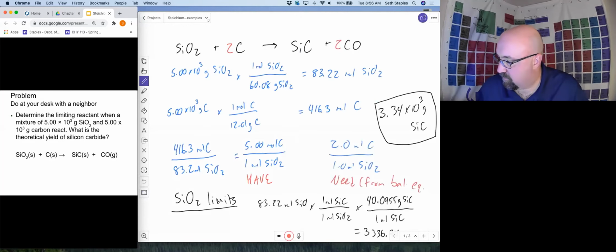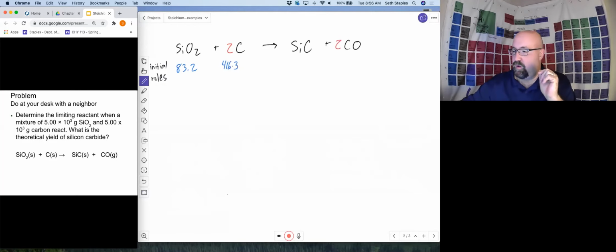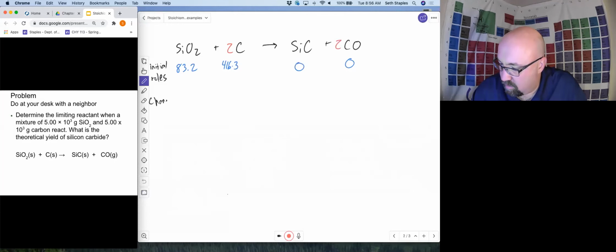And we had, what was it, 416.3 moles of our carbon. Now we're not starting with any of the silicon carbide or any of the carbon monoxide. And so now what we need to look for is how much our number of moles are going to change by. And so that's our next step in our table, is looking for our change in moles of each.